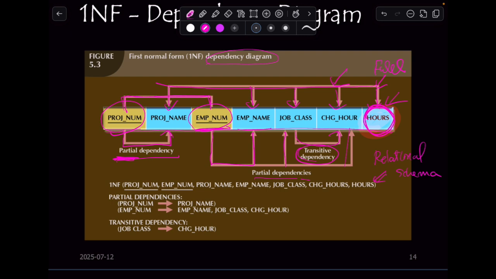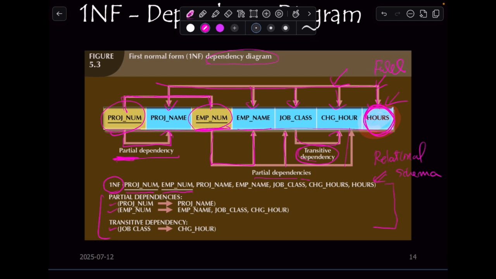Later we are going to divide it into several tables, but just one table is given. And the current level of normalization is the first normal form. And you list all those attributes and underline the primary key. And from here, again, we have two partial dependencies, and I'm showing one transitive dependency.